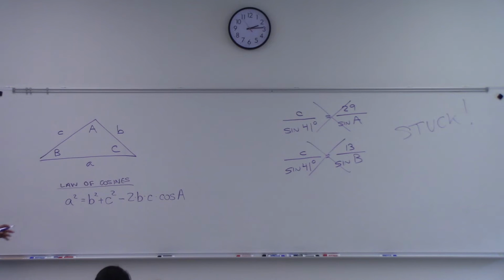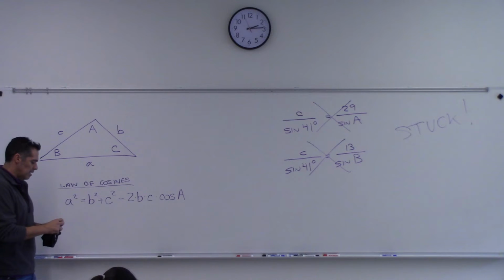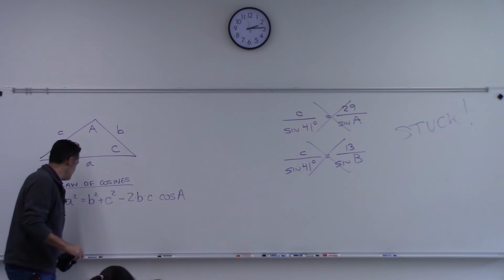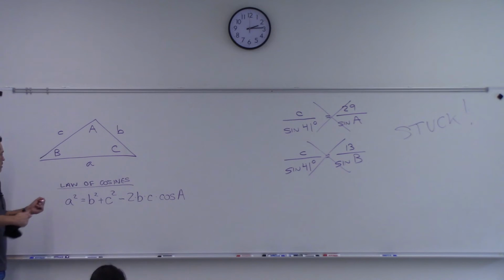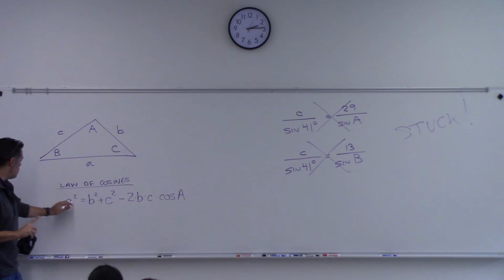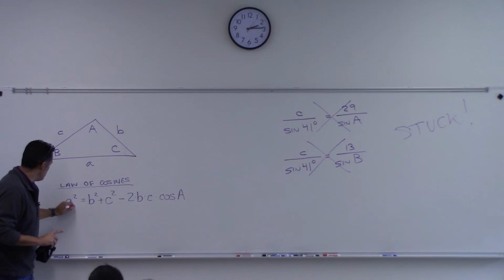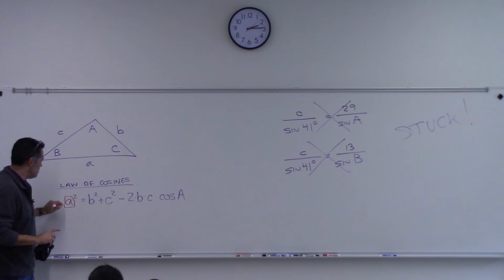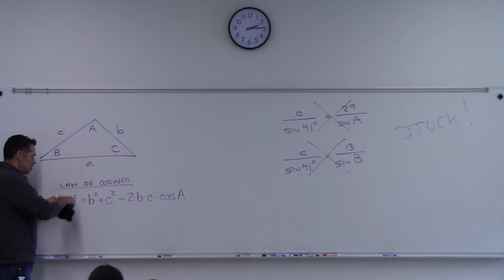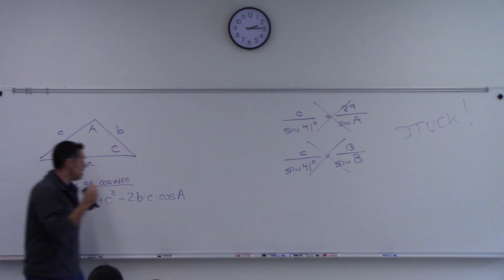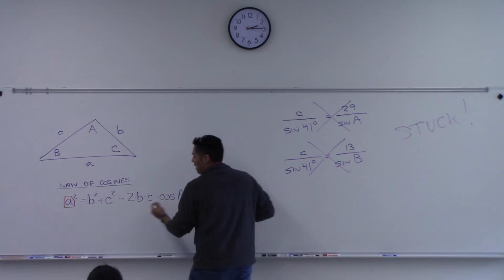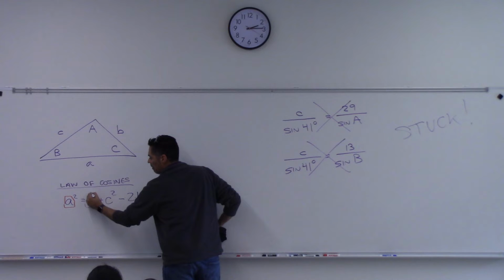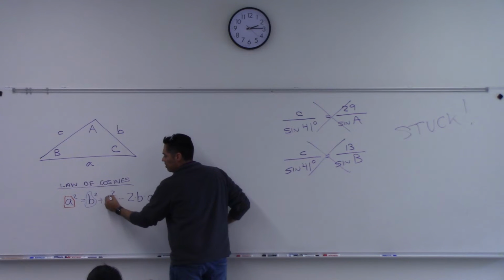So what I want to do here is highlight a few things for you with this first formula. In red, I'm going to highlight what we can solve for. In this equation, do y'all see that we can try and find what little a is, because I have a squared equals this. In order to figure out what little a is, what do I need to be given? Well, I need to know little b, and I need to know little c.